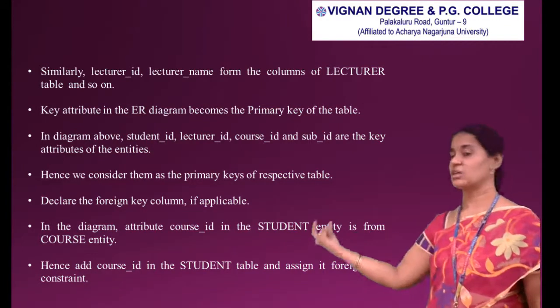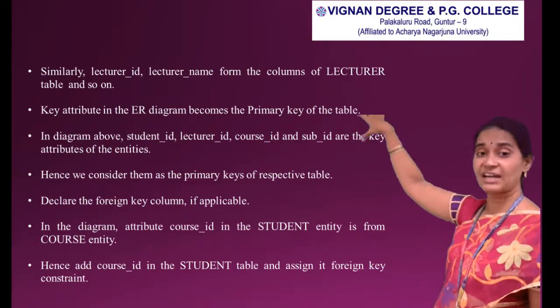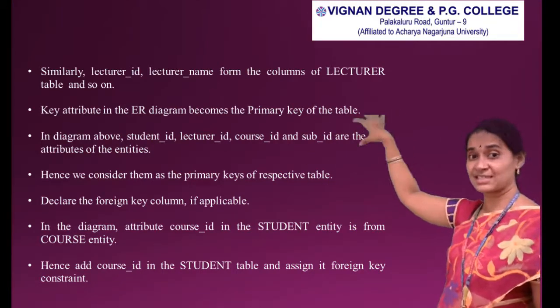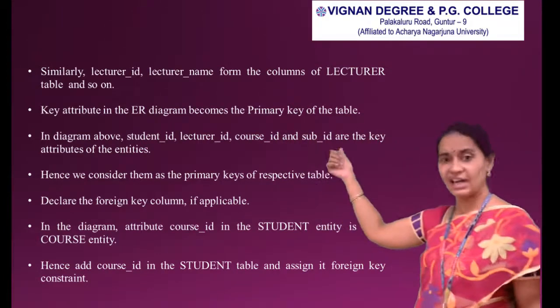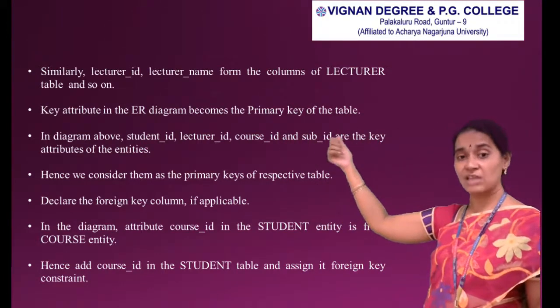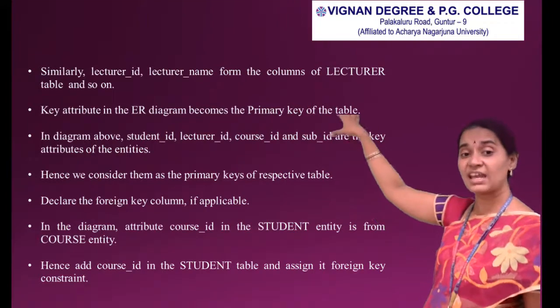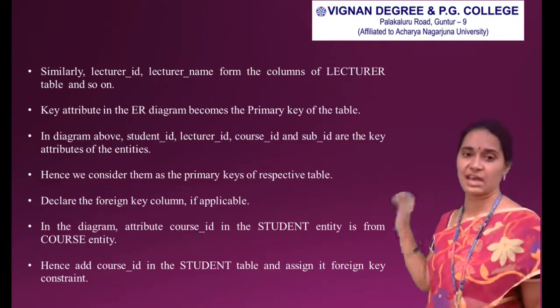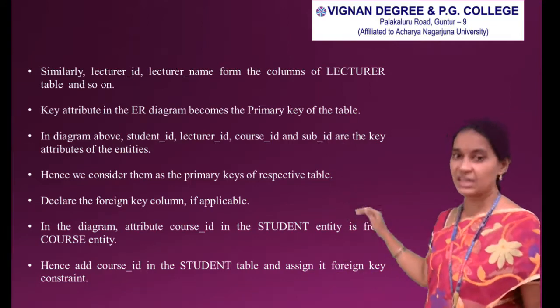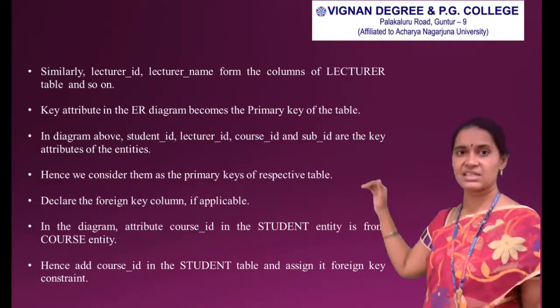Key attributes. The key attributes which are in the ER diagram. What are the key attributes? As I have already told, the key attributes are represented in an oval with a line under it. Those are called the key attributes, which are here in the relational model considered as the primary keys of the table. Now let us discuss them.